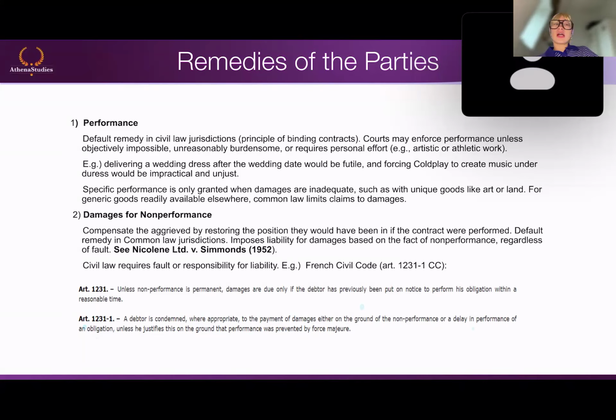For common law, on the other hand, common law loves damages. Anytime English law has the chance to pursue the path of damages, it will do it every time because it just loves it. I don't know why, but it loves it. What English law says is that if you did not perform your duties, pay up.